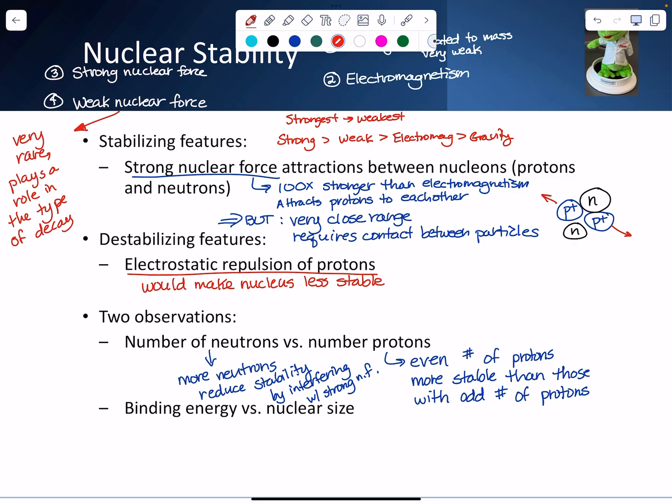When I say decay, in your head, think of the nucleus changing in some way, but the word that may be more familiar to you is radioactivity. So decay, think radioactivity.